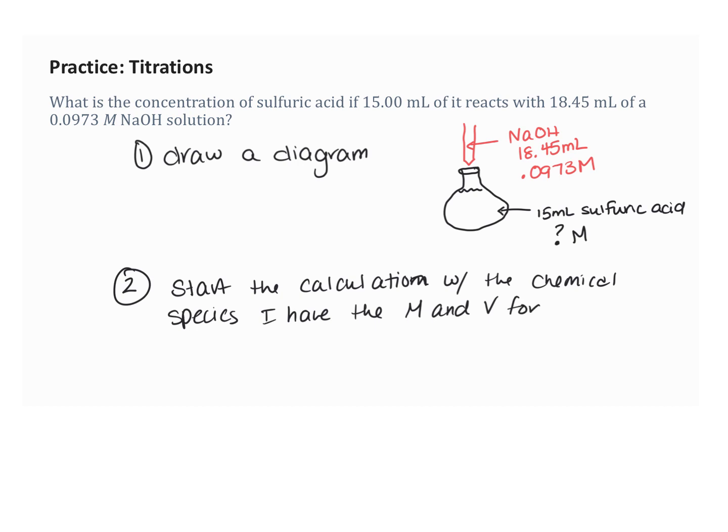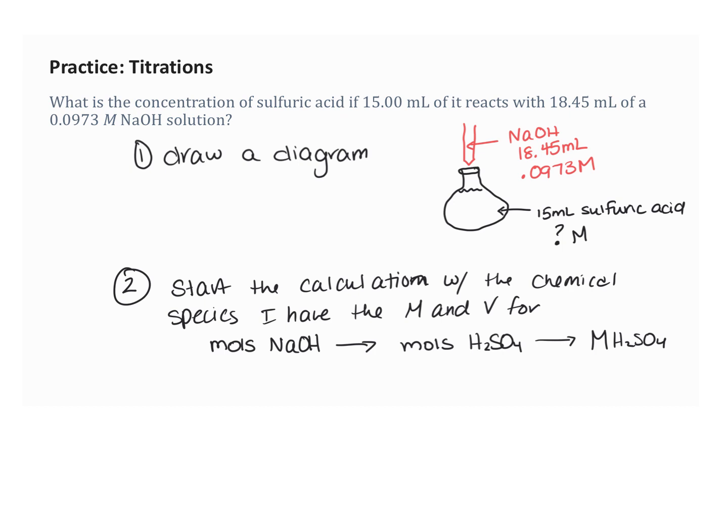Because what we're going to do is go from moles of NaOH to moles of H2SO4, and then we can use the volume to get us to the molarity of H2SO4, and molarity is a concentration unit, and so that's what we're looking for here.